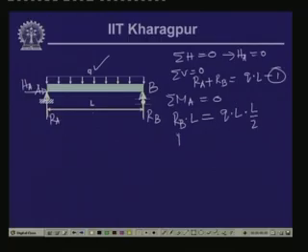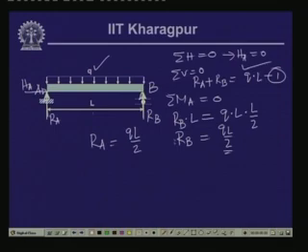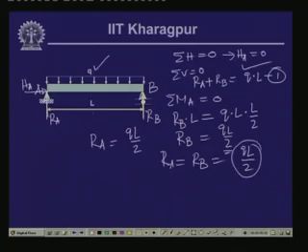This gives RB equals QL by 2, and from equation 1, RA equals QL minus QL by 2, which equals QL by 2. From this diagram, being symmetrical, we can also see that RA equals RB equals QL by 2. The total load is Q times L and half of the load is shared by RA and RB.